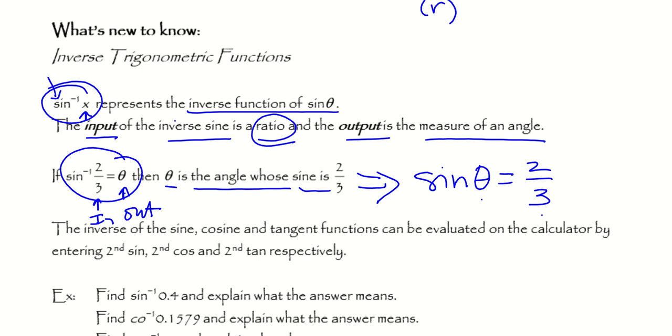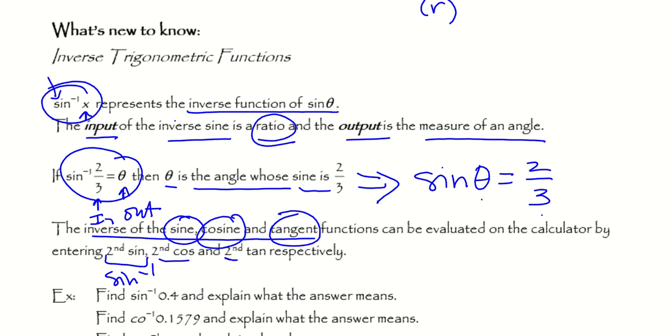The other thing that's new to know is that we can find the inverse of the sine, cosine, and tangent with buttons on our calculator. So if you look on your calculator, at the button that says sine, above it, it says sine -1. So if you do second sine, you're going to access the inverse sine, right?